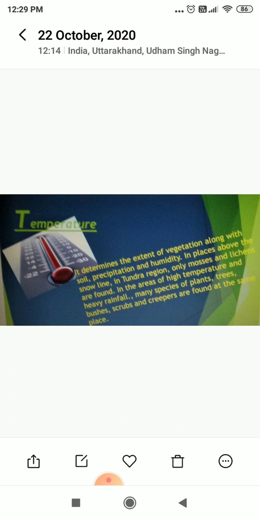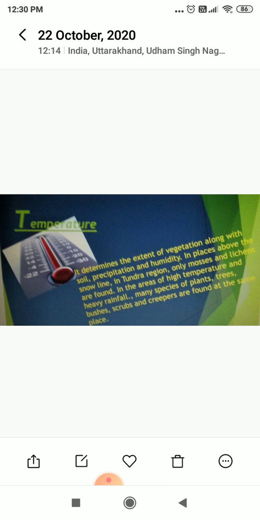Temperature also plays an important role in shaping the natural vegetation of an area. How? First of all, we see the number of lines drawn on the globe, the latitudes and longitudes. Here we are talking about the latitudes.